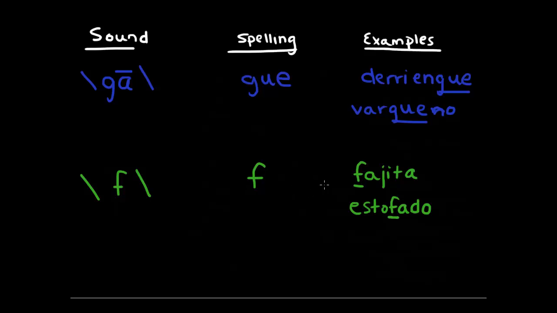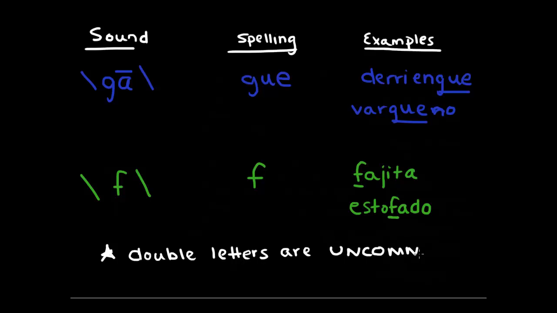So that concludes the consonant sounds I wanted to cover in Spanish. One thing you should remember, let me write this as a reminder of Spanish consonants, is double letters are uncommon. Double letters or double consonants. And there are two exceptions to this. Double letters are uncommon in Spanish, except for double L, which represents the y sound.